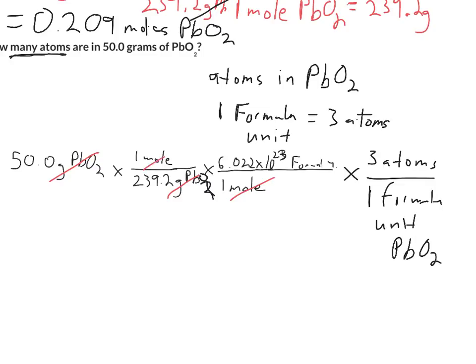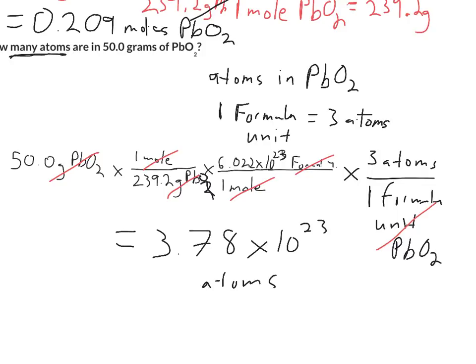Moles cancel, formula units cancel, left in atoms for PbO2. If I do my math correctly, I get 3.78 times 10 to the 23rd atoms in 50 grams of PbO2.